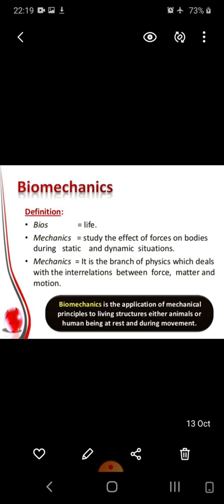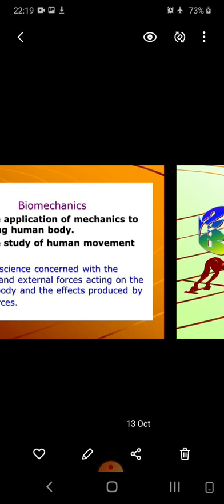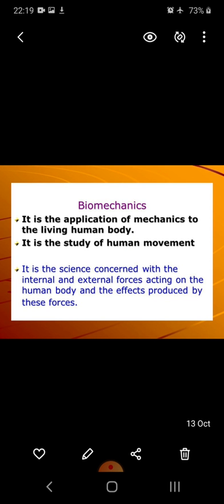So this is the introduction of biomechanics. Biomechanics is the application of mechanics to the living human body. It is the study of human movement. It is the science concerned with the internal and external forces acting on the human body and the effects produced by these forces.